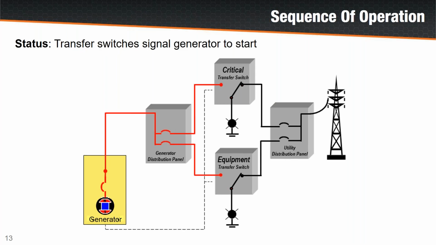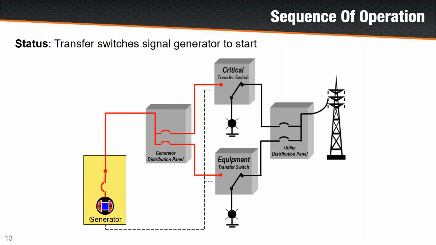At some point, the transfer switch is going to send the signal to start the generator. Historically, that was a 2-wire start, but we've seen with changes to NEC 700 that they want the 2-wire start signal to be protected against an open circuit or a short circuit.